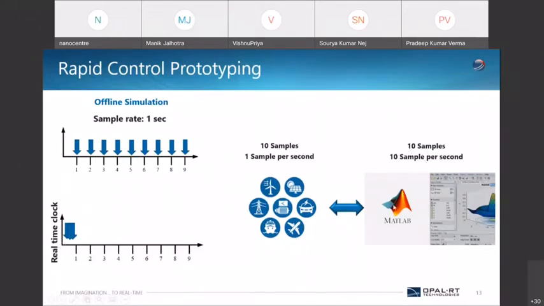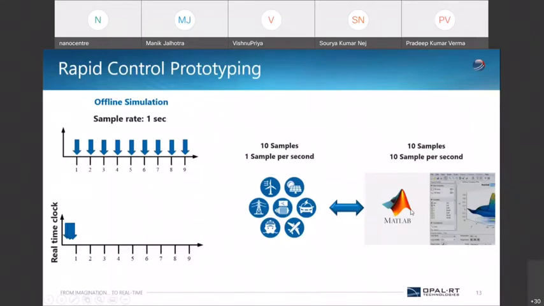If we just compare the results of MATLAB with the real-time clock, we can see that since the model is very less complex, it has sent us 10 samples, but the rate at which it has sent the samples is very fast. Within 1 second, we were able to receive all 10 samples. So we have 10 samples per second. So this is also sending a total of 10, and this is also sending a total of 10. But there is no synchronization between the real plant and the offline platform.